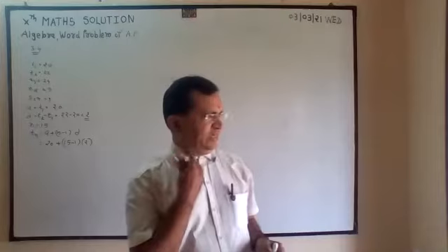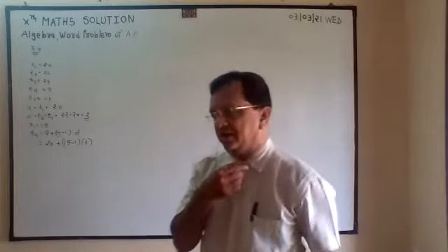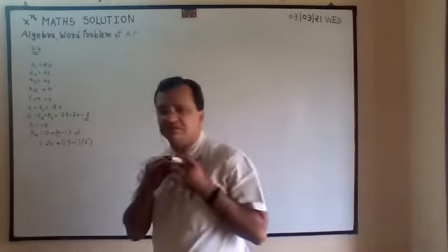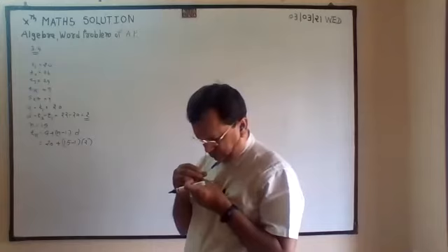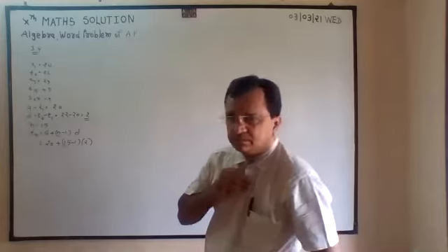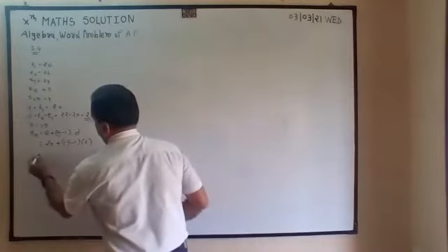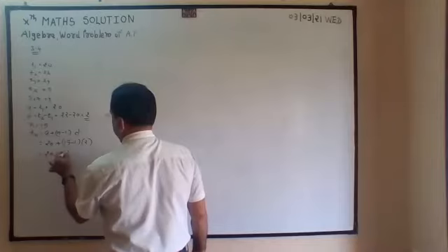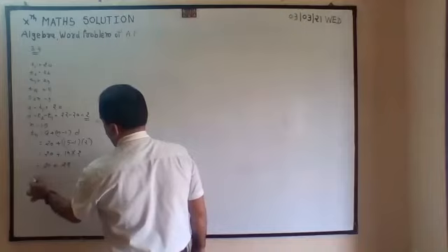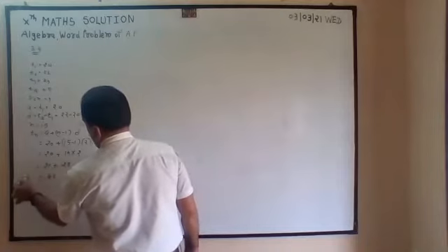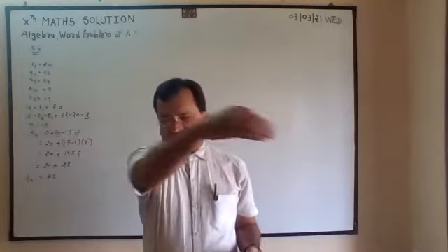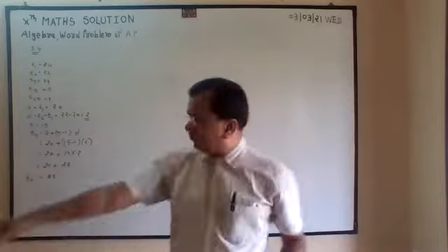When it is negative, the series is in decreasing order. So by increasing 2 seats per row, in the 15th row there will be a total of 40 seats.